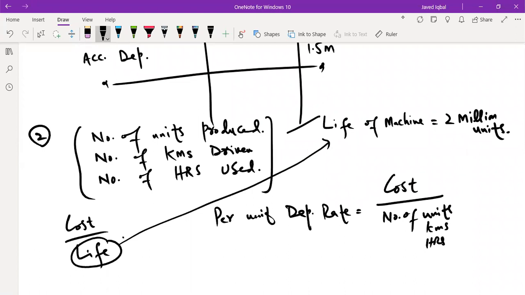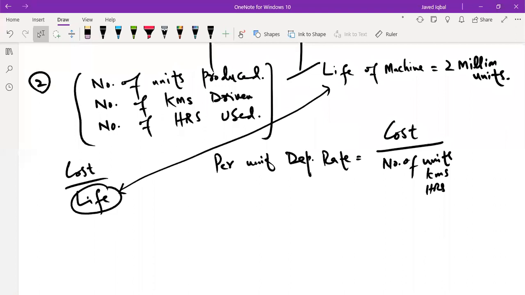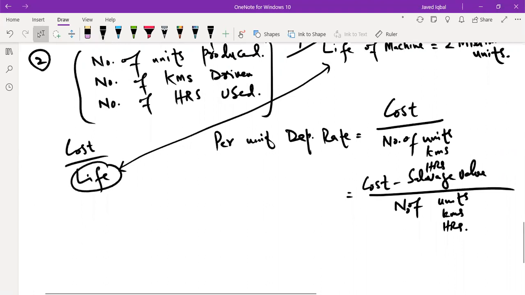It's not in terms of years now, it's in terms of its capacity, how much it can drive, how much it can produce, how much it can be used. If you have a salvage value here, you will change the formula to this: number of units produced, kilometers driven, hours used. So this is your second method.